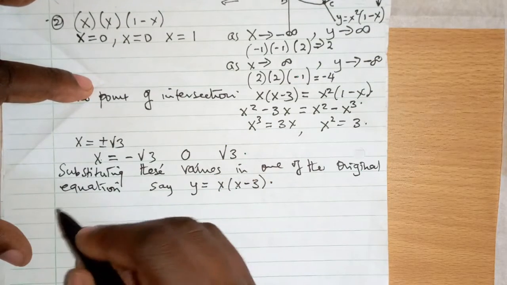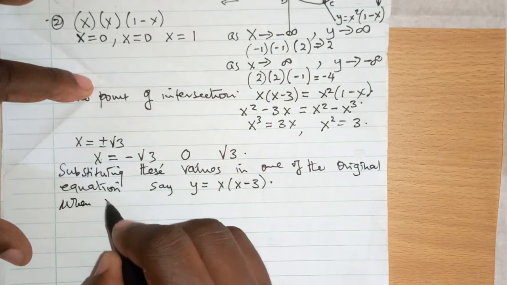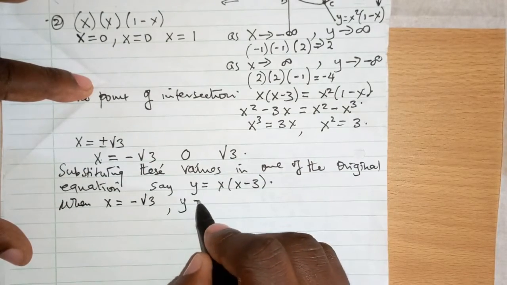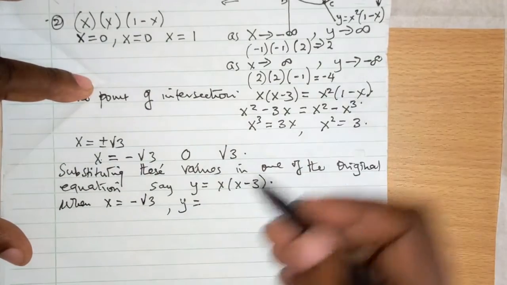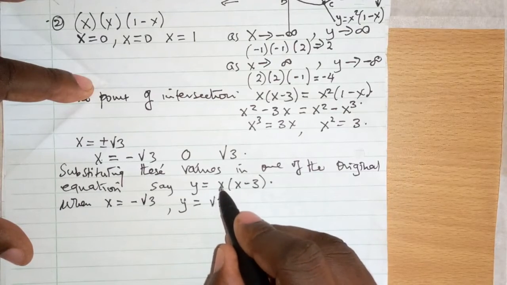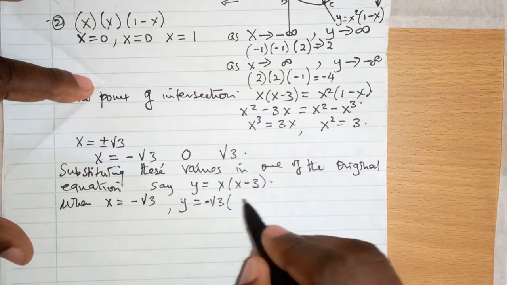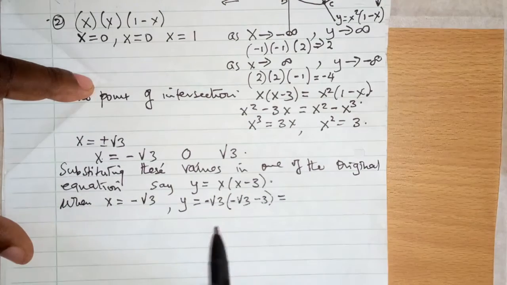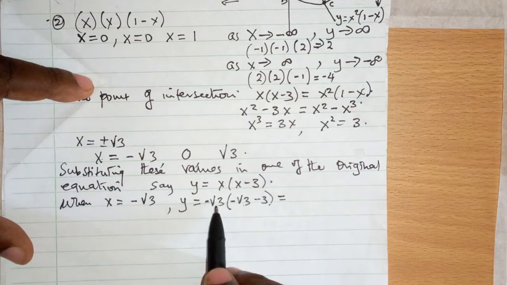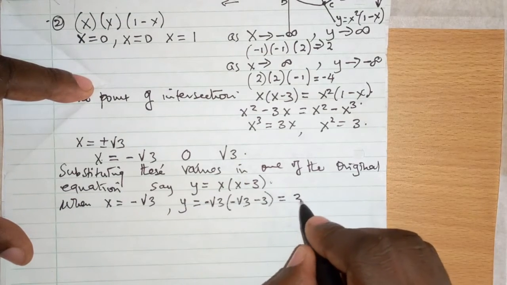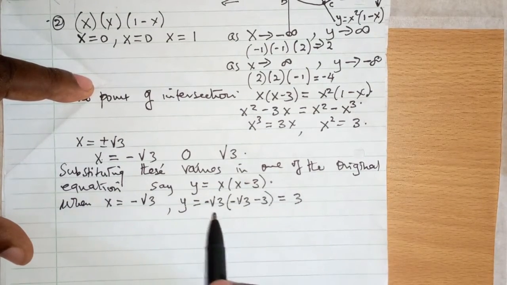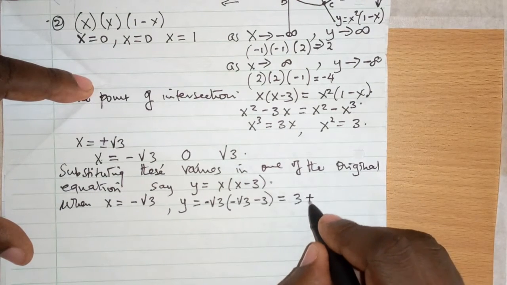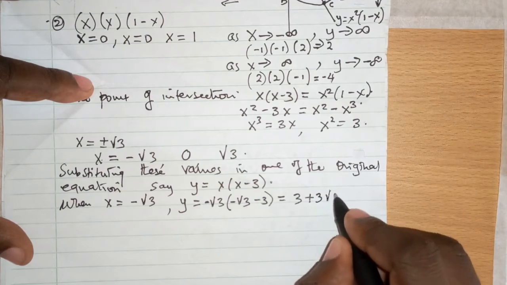So we are simply saying when x is equal to negative root 3, what does y become? We are substituting now, open bracket, negative root 3 minus 3. Opening this bracket, we have negative root 3 times negative root 3, positive 3. Negative root 3 times negative 3 becomes positive 3 root 3.